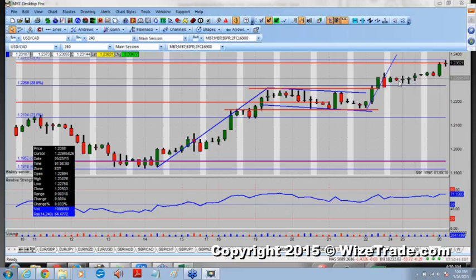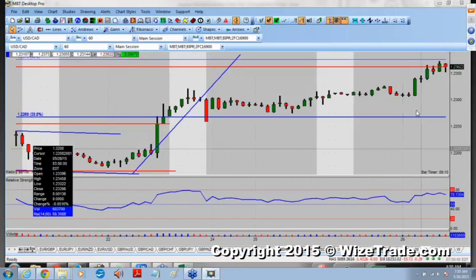That's 123.10. Trying to figure out where support's going to be. It'll probably be right here at 123. That was kind of like a shelf of support through here.